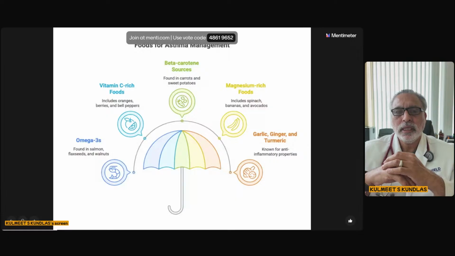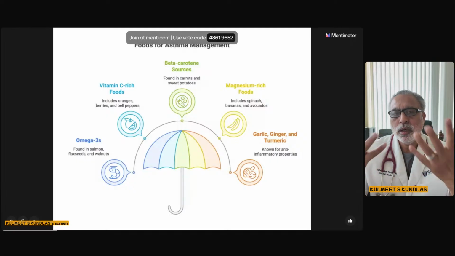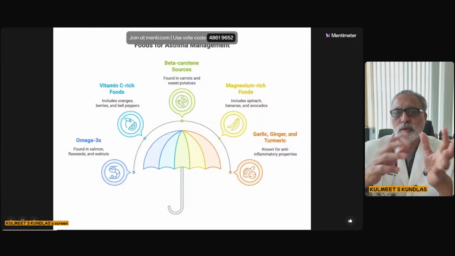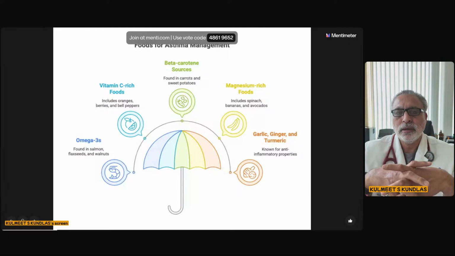There was a study which found that people who run low on vitamin D have more frequent attacks. So make sure your doctor checks your vitamin D, and you should start a vitamin D supplement if you have asthma. The best way to get vitamin D is to get outside. Next, magnesium was also linked to frequent flare-ups.